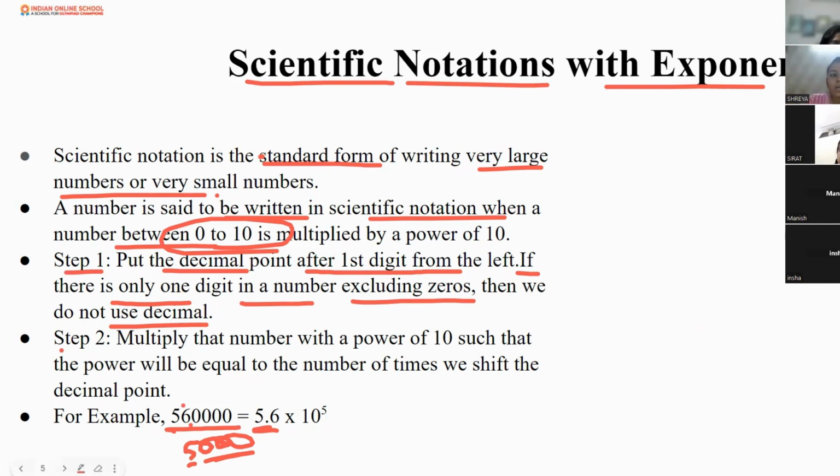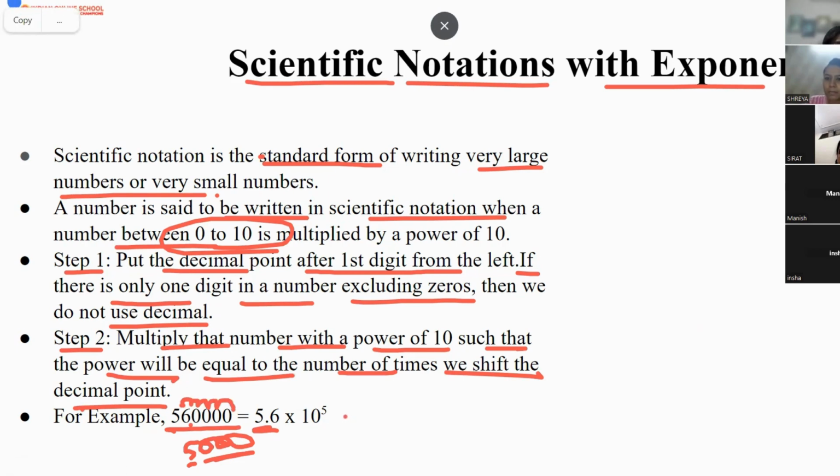Now, the next step is you need to multiply that number with a power of 10 such that the power will be equal to the number of times you have shifted. For example, if I introduce decimal over here, how many times do I have to shift? 1, 2, 3, 4, 5. Then I would come to the end now.